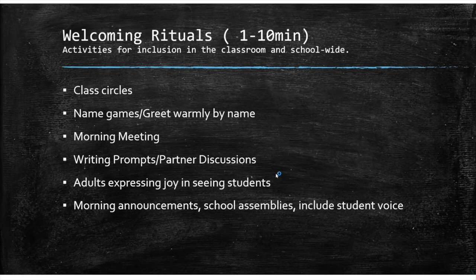So some of the welcoming rituals that provide this activity for inclusion in the classroom are class circles, name games, to make sure that you're greeting students by name, having morning meetings, engaging in writing prompts, student partner discussions, and then also making sure as a school-wide effort that adults are expressing joy in seeing students. Another way to include students is with morning announcements, school assemblies, and then to make sure that you're including their voice.